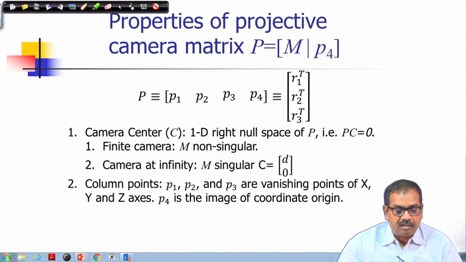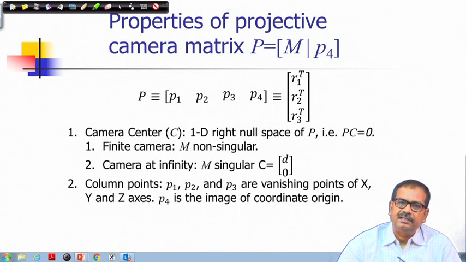Similarly, from the column vectors we can get some interesting information. One piece of information is the vanishing points of certain directions. As we discussed earlier, when we consider a point at infinity, you can choose any direction, and a point at infinity in that direction can be represented by simply using the corresponding direction cosines as a vector and putting an additional dimension, the homogeneous scaling dimension, as 0.